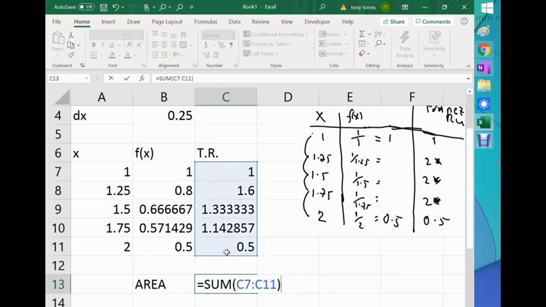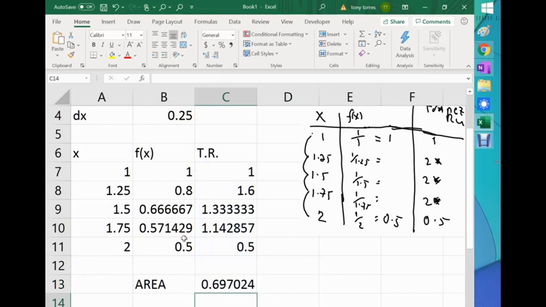And now you just multiply that by delta x and divide it by 2. Let's see if I got everything right. Let me check here. 1.25.